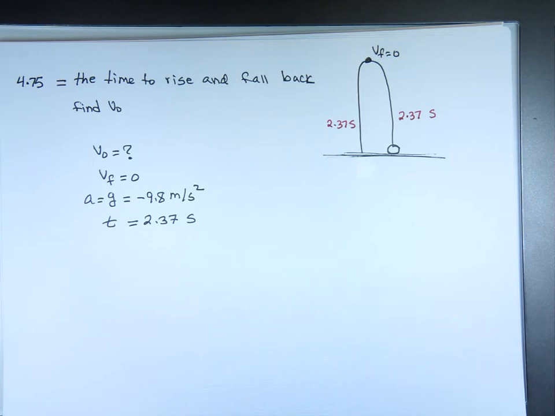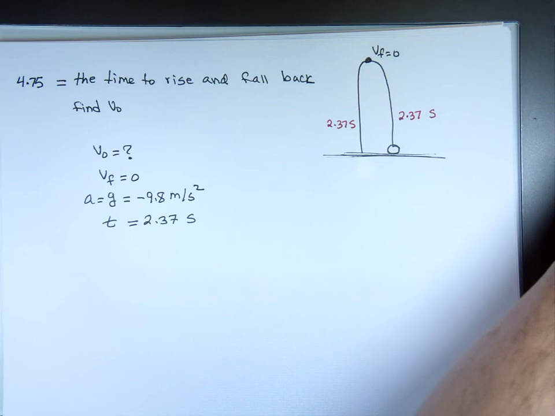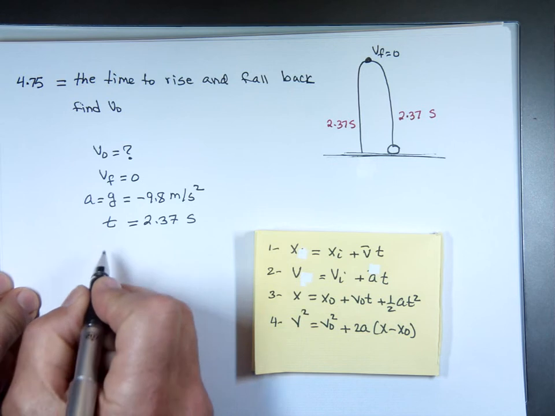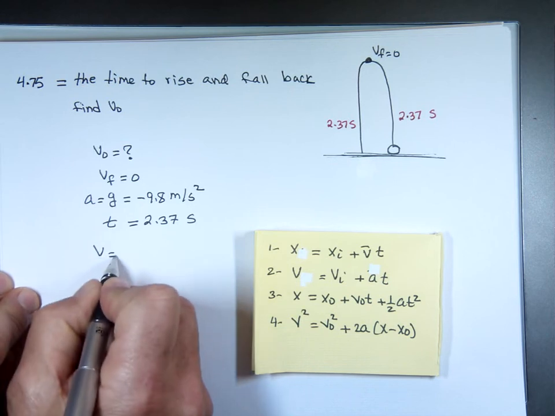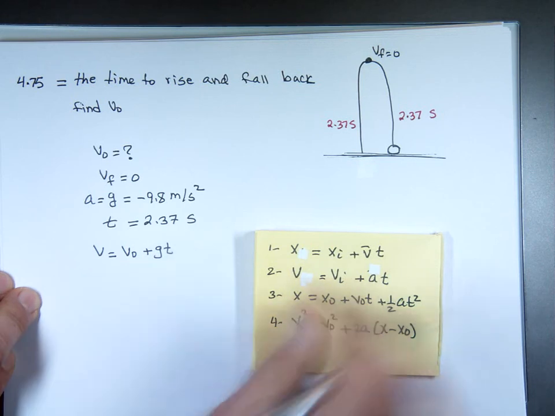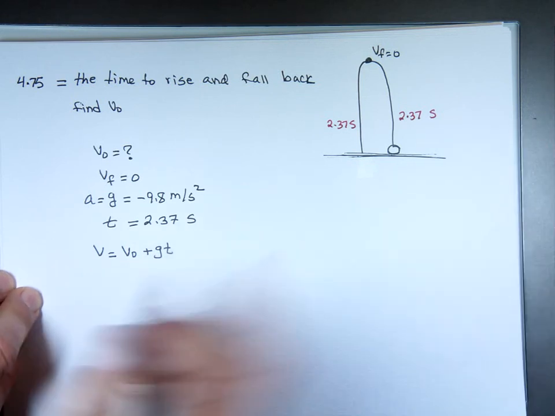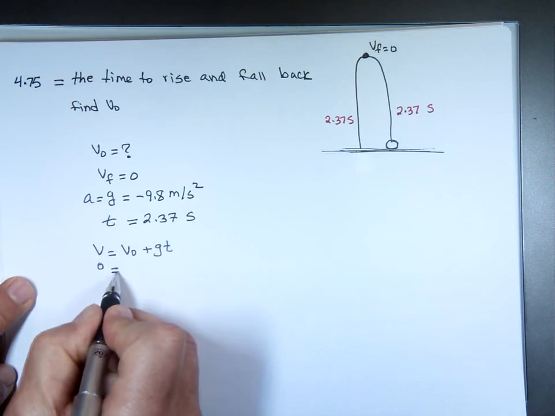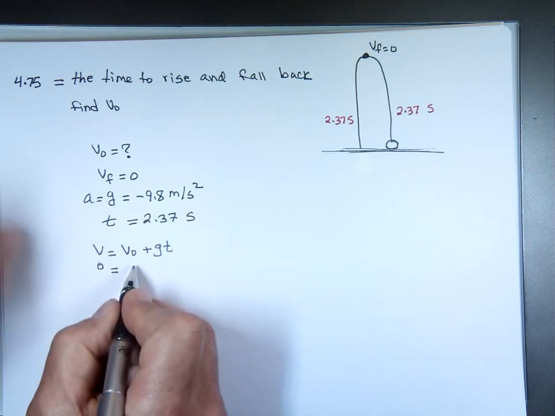Is there an equation we can use that will have all these in it? Which one? The second one? Yeah, I could, yep. So V equals V0 plus gt. V is 0. What's V0 here?